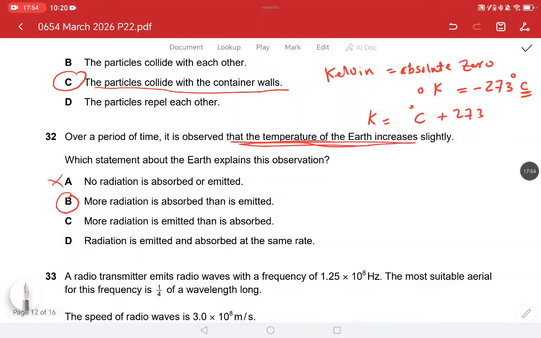Since we are talking about this question, you should have information about thermal radiation and the greenhouse effect. You should know that all objects emit infrared radiation. Of course, hotter objects emit more. This leads us to another point.